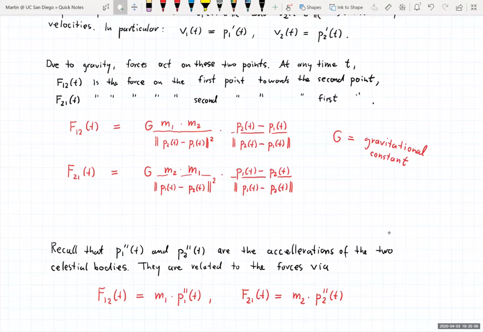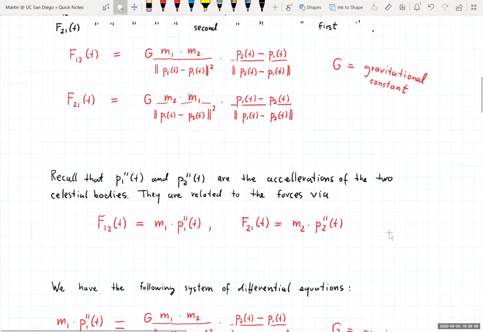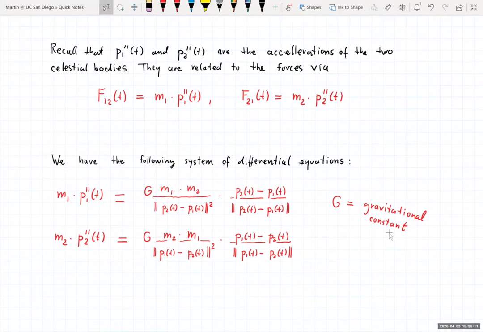Okay, with these two last equations here, we can finally assemble the second order formulation of Newtonian dynamics for the two-body problem. The system of differential equations that we get here is the following.